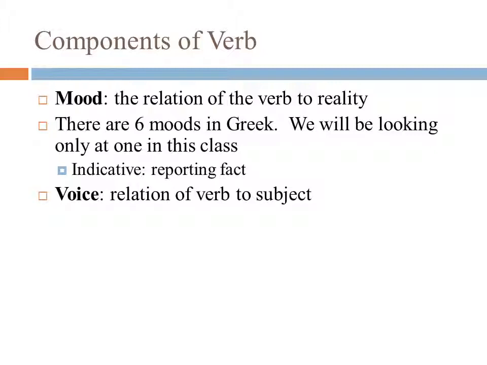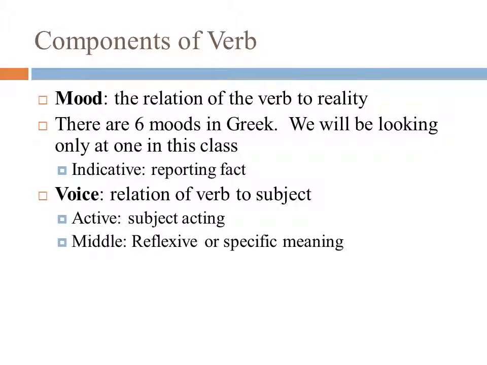The second component is voice. Voice is the relationship of the verb to the subject of the sentence. And the possibilities are active. That is, the subject is acting. I throw the ball and someone else receives it. There's a middle ending in Greek, which we're going to talk about later, but we'll just know that Greek has a middle ending.